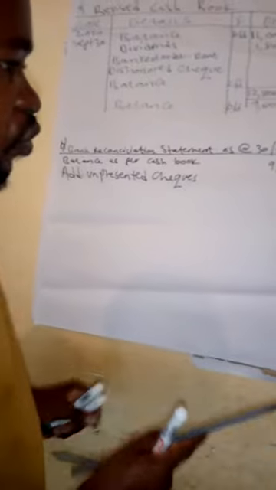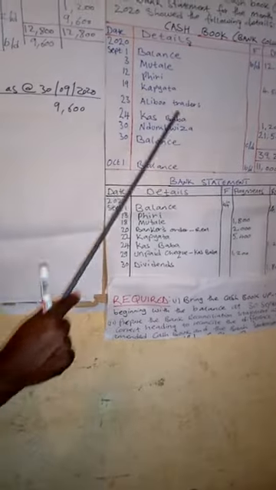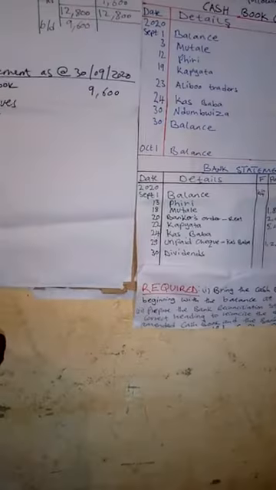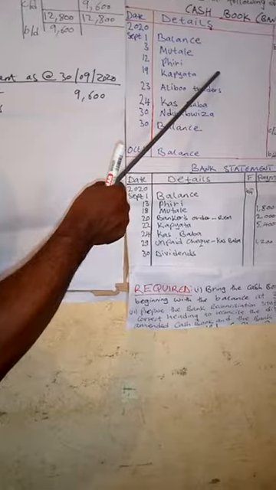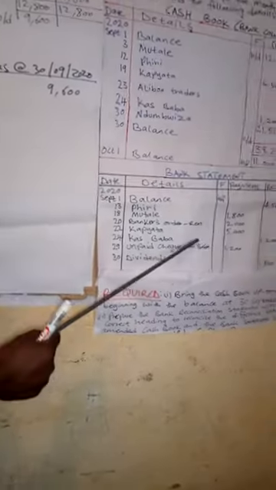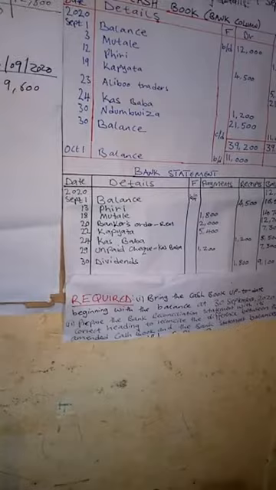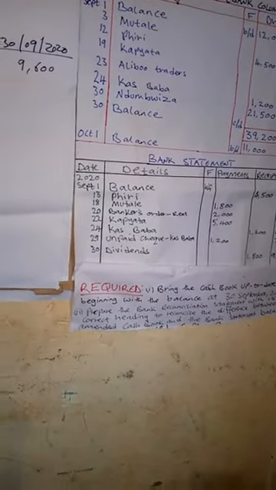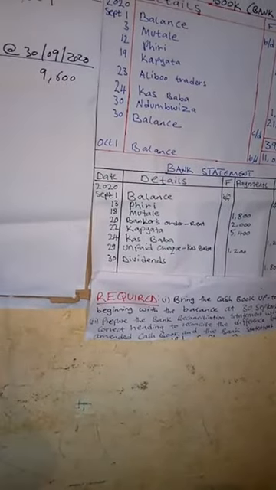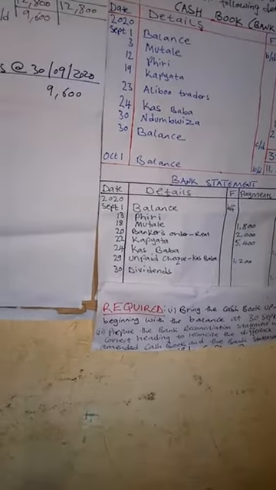Since we are working on the bank reconciliation statement, we'll look at the bank statement and the cash book. The unpresented checks are appearing in the cash book and not appearing on the bank statement. These checks were given to creditors, but they never took them to the bank.